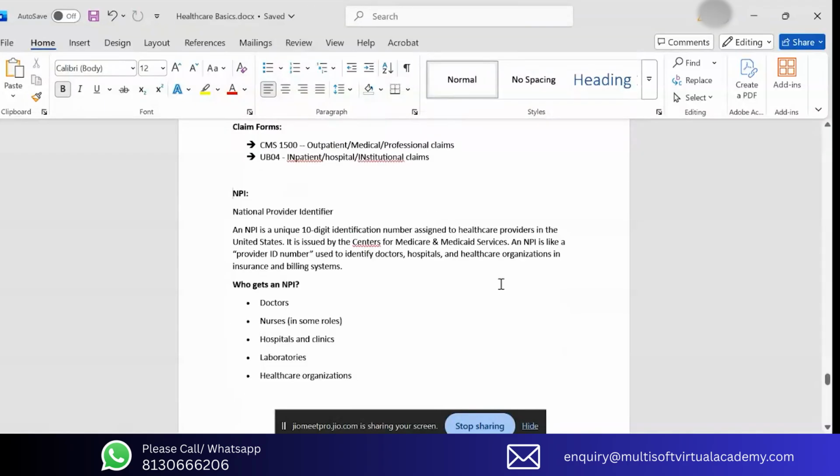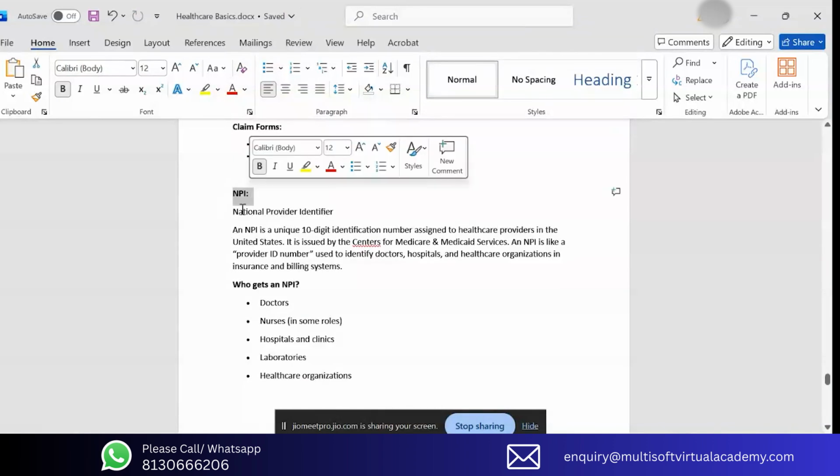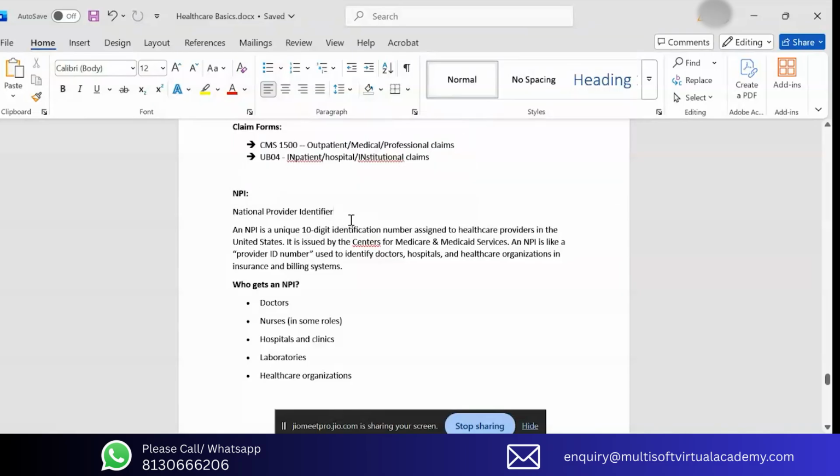Okay, next coming to NPI. NPI is the National Provider Identifier. Usually it is a 10-digit number which is assigned to healthcare providers in the United States.